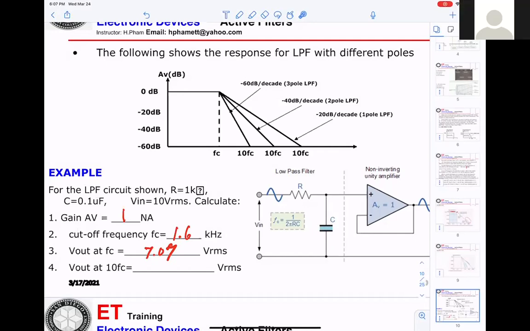What do you mean 16 kilohertz? If FC is 1.6, then 10 FC is 16 kilohertz, so you do the calculation at 16 kilohertz for the decade. Yeah, that's talking about the decade. Right now, I'm not going to that point. I said, if I get the frequency at 1 kilohertz, can you tell me what the output is?